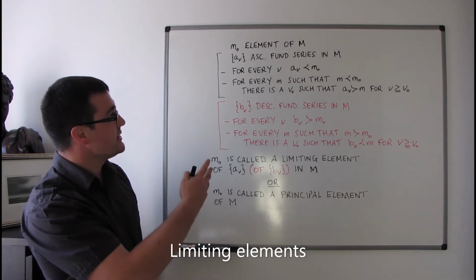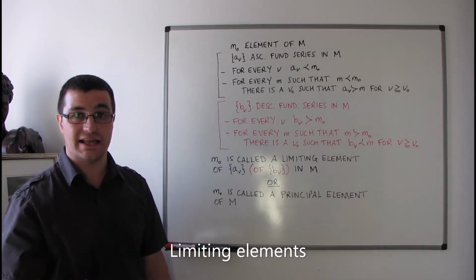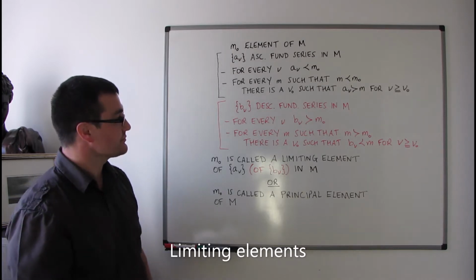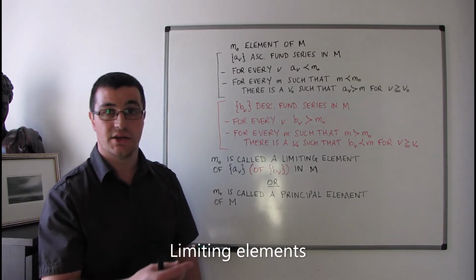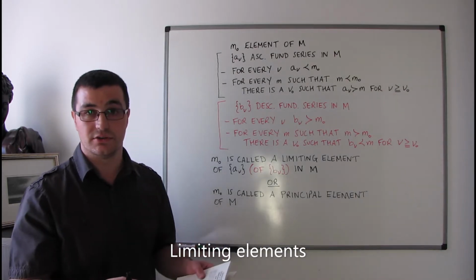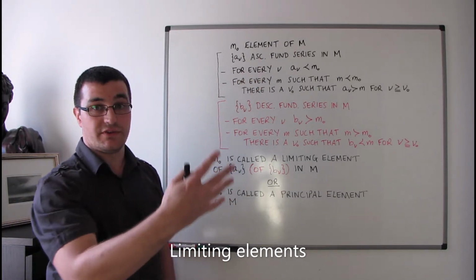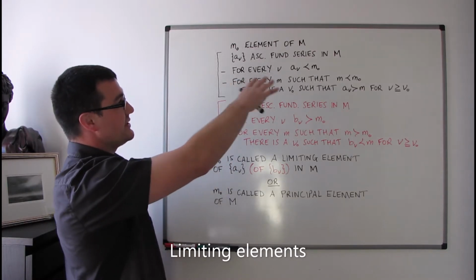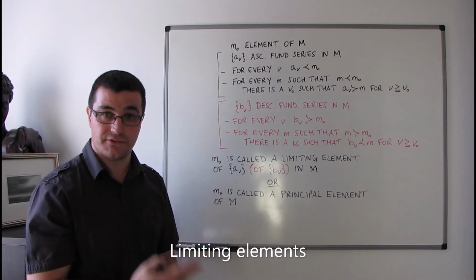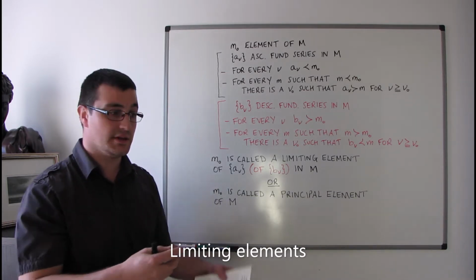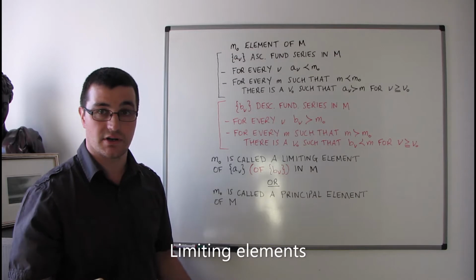If every ascending or descending fundamental series in an aggregate has a limiting element in M, then that aggregate is called closed. Okay, so like I said, not in a general generic aggregate. If we choose obviously simply ordered, we could choose an ascending fundamental series. It might not have a limiting element in M, but if every such fundamental series that we can extract from that aggregate has a limiting element in M, then we've got a closed aggregate.